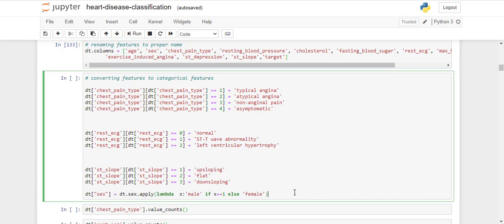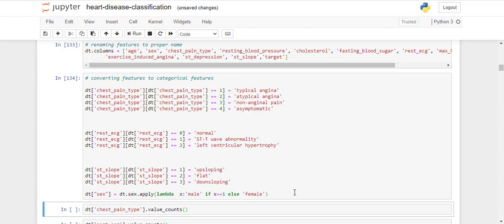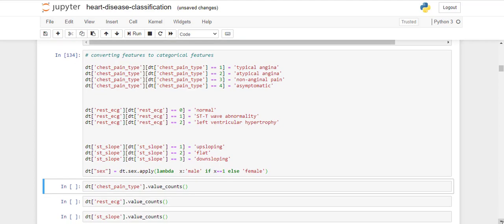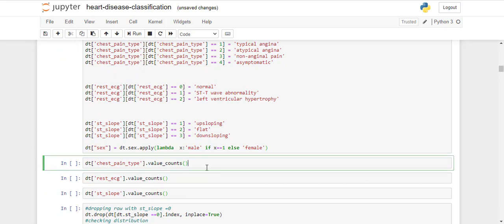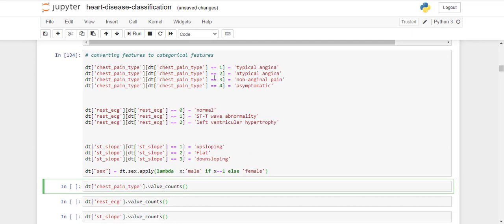And guys, if you are doing this task, converting categorical variables to their names, then it is very important to check the categorical variable distribution. Because sometimes in the data set description we have been given the description of four categorical values, but in the actual data set we have one more category, named 5. But we don't know the actual description for that.